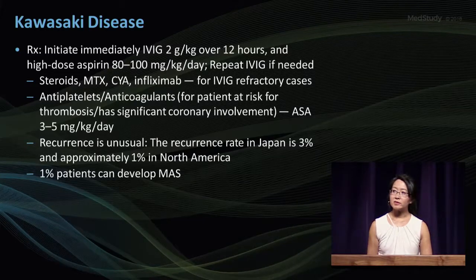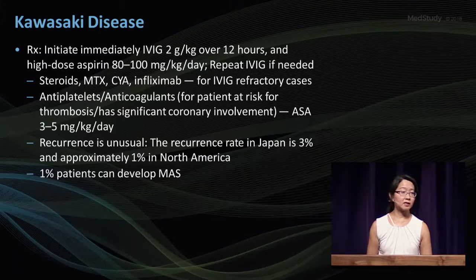And so how do you treat these patients? And this is based on the 2017 AHA guidelines. You initiate immediately IVIG at 2 grams per kilogram over 12 hours, and high-dose aspirin, 80 to 100 milligrams per kilogram a day. You can repeat IVIG if needed. Now, some of you probably have read published data showing that low-dose aspirin may actually work as well.